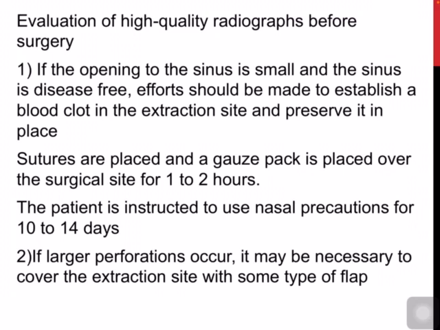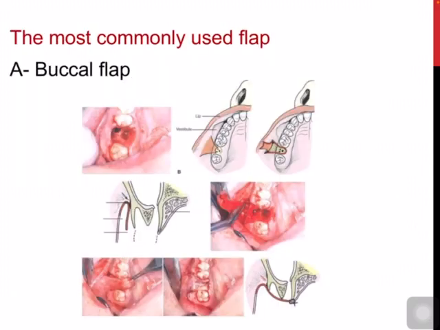If larger perforations occur, it may be necessary to cover the extraction site with some type of flap. The most commonly used flap is the buccal flap, or we can name it elevating the buccal mucoperiosteal flap.